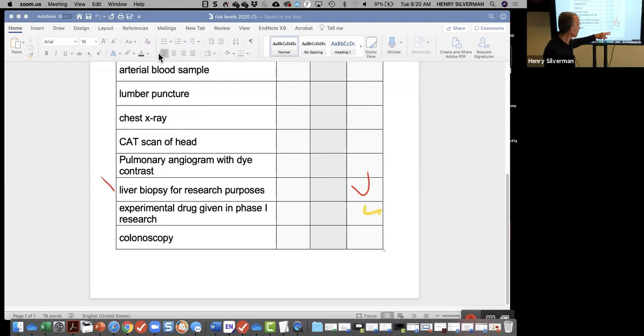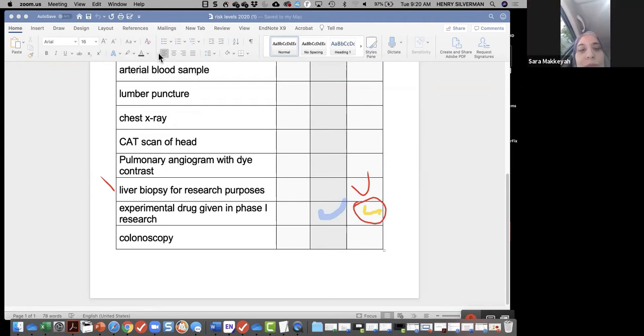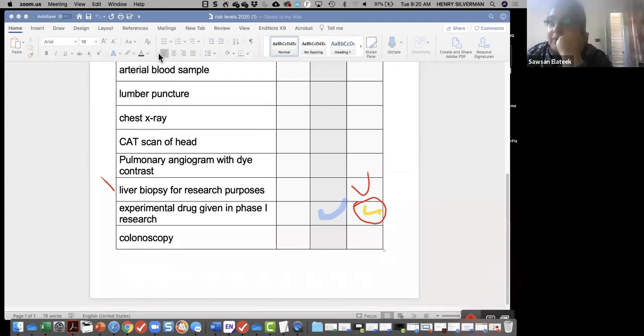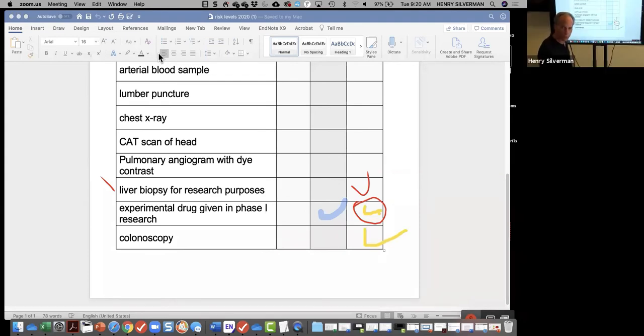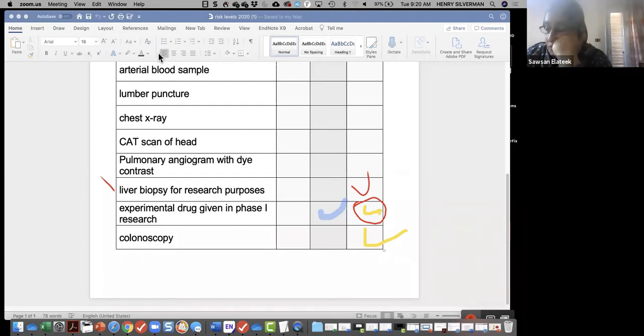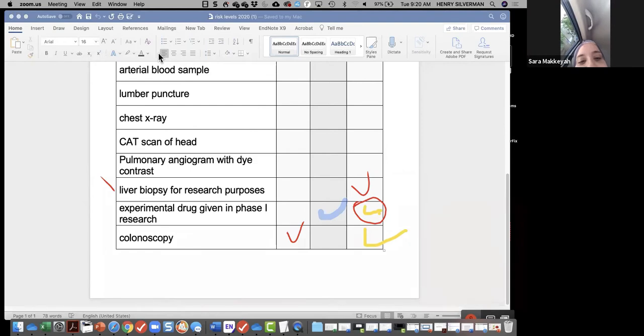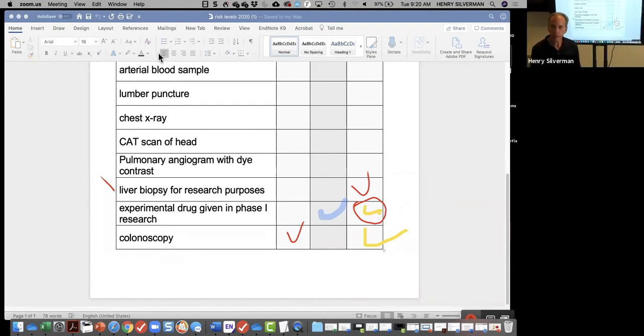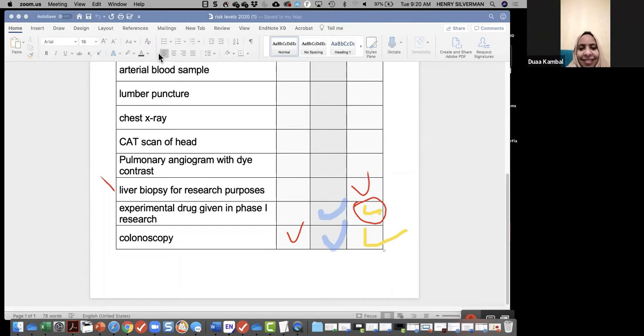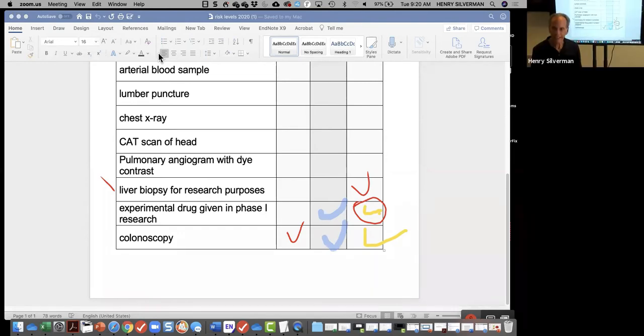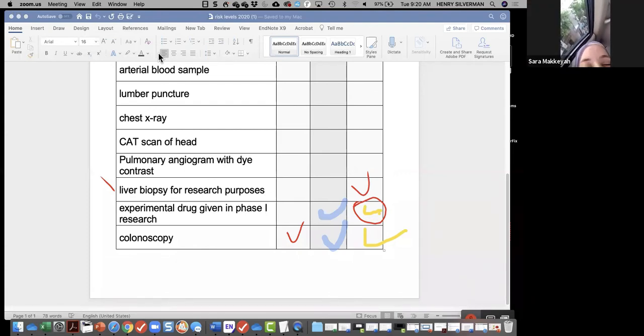Someone said substantial. Colonoscopy. Someone said minimal risk. Colonoscopy is minimal risk? Obviously, whoever said that hasn't gone through a colonoscopy, probably. Actually, I did. 2 and a half. All right, it's 2.